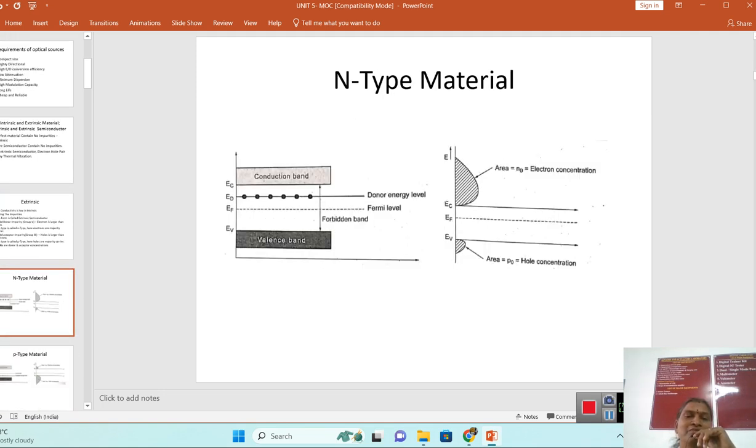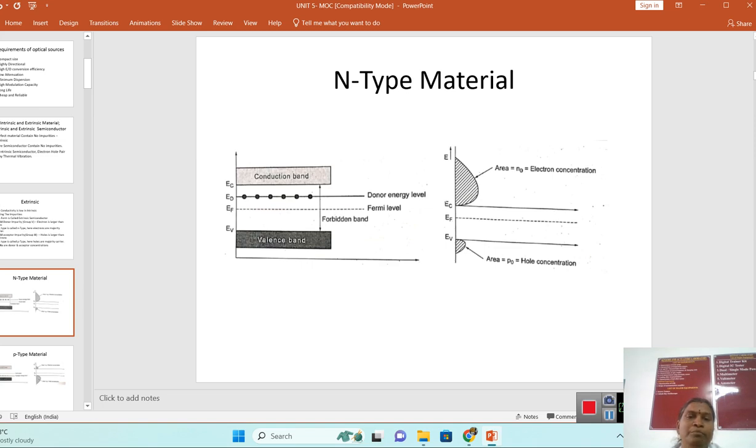Here is the valence band, and here is the conduction band. Here there is no energy. It means that we have a valence band and a conduction band. Here EF is the Fermi level. Between the valence band and conduction band, the distance is the forbidden band.